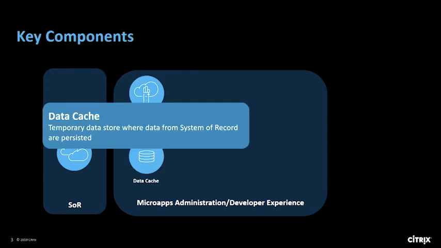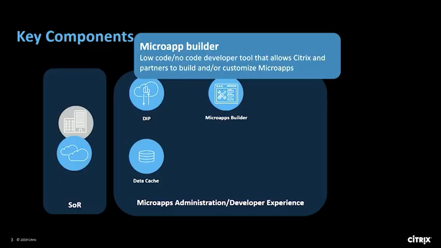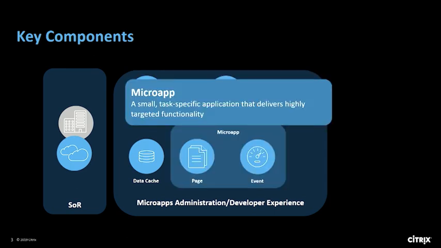Data cache is an important component where we store the data so we are enabled to identify interesting events to generate notifications. The Microapp Builder is a no-code or low-code developer tool that enables you to create or customize microapps.